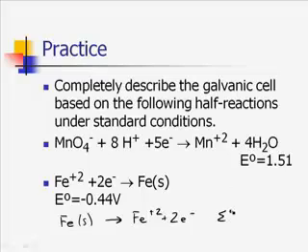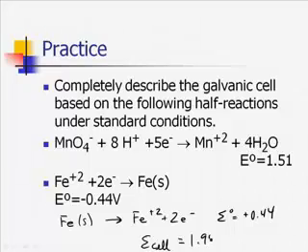So my E naught here is going to be positive 0.44, and so we should expect then an E cell of 1.95.